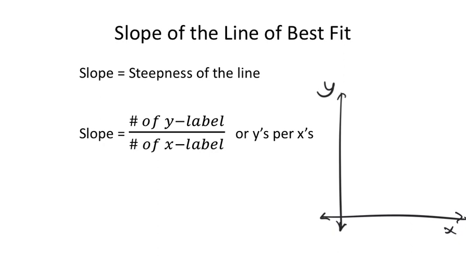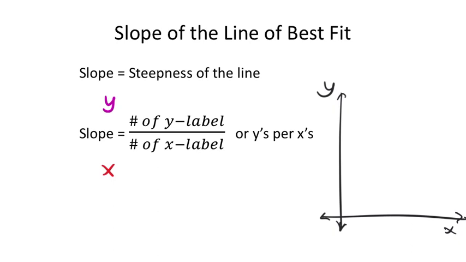So just like we've seen in the past, you're going to take the y label and divide it by the x label. That's it. If you can understand that, then you should be able to do these pretty easily. We are not calculating anything on these first problems. Just like on the last ones, can you look at it and determine the strength of the relationship or correlation, and then the direction?